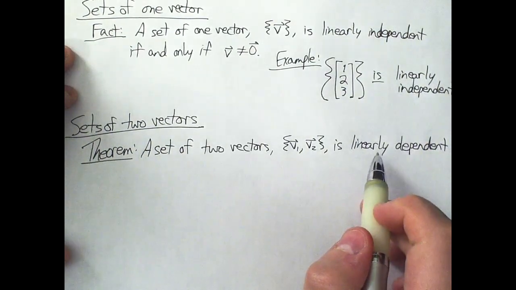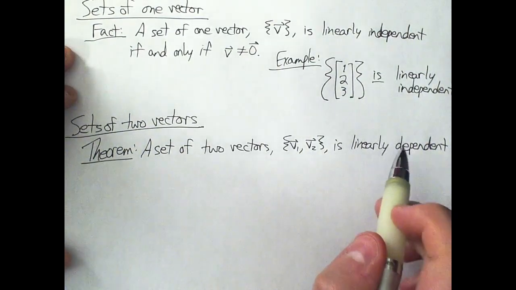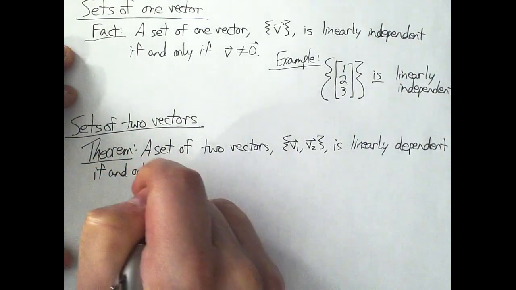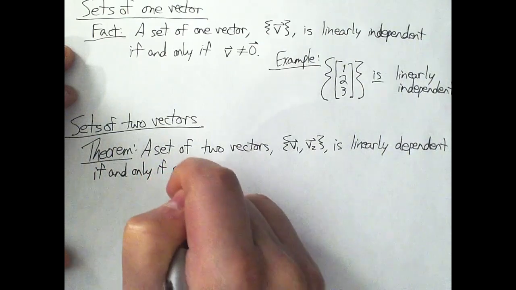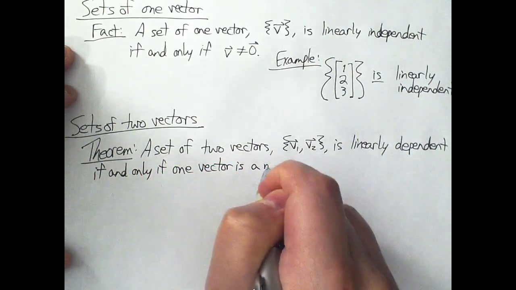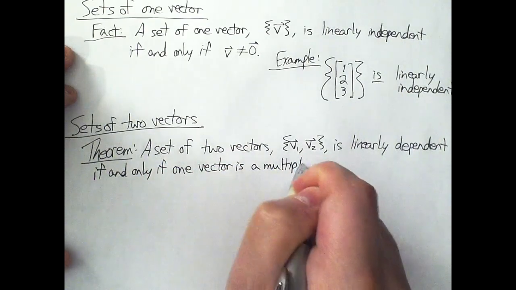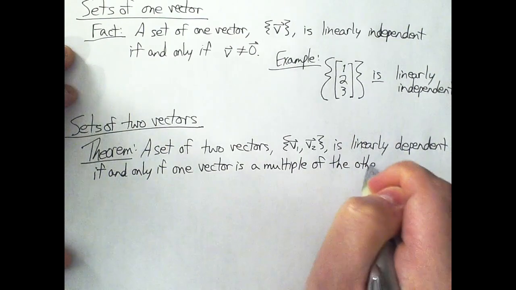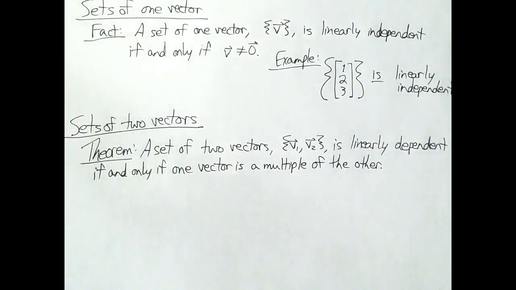Remember which one that is. It's linearly dependent if and only if one vector is a multiple of the other. And we're going to prove this.